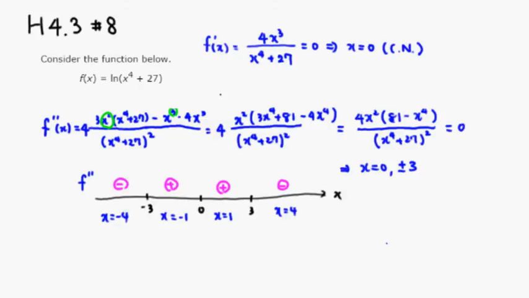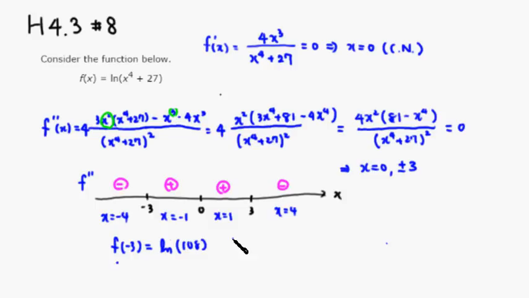So we just need to find the corresponding y value. So f of negative 3 would be, plugging negative 3 there, 81 plus 27, so natural log of 108.